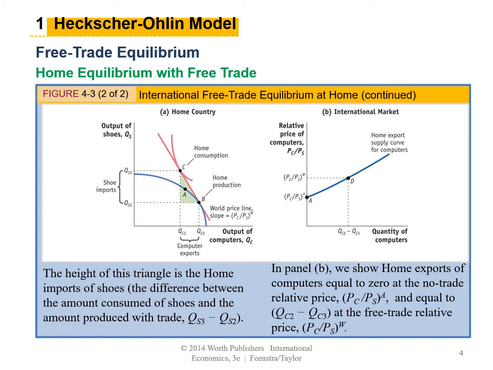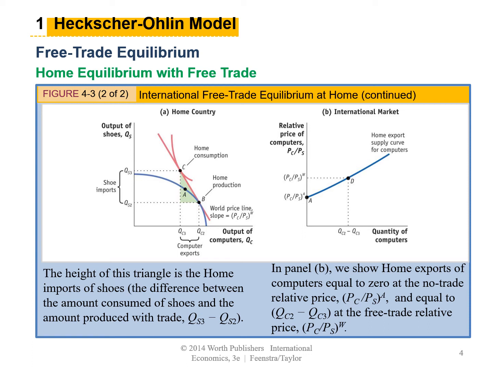So at the initial point on the left of the international market, the terms of trade are really attractive for the home country. It can obtain a lot of shoes in exchange for a relatively small number of computers. That's point A.